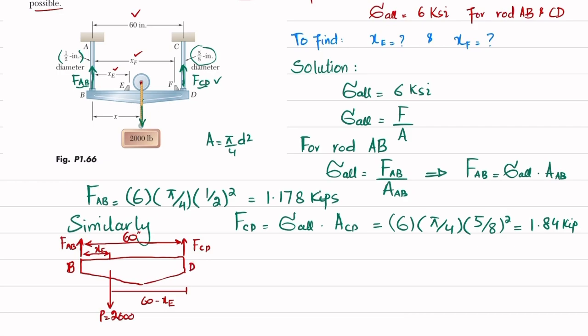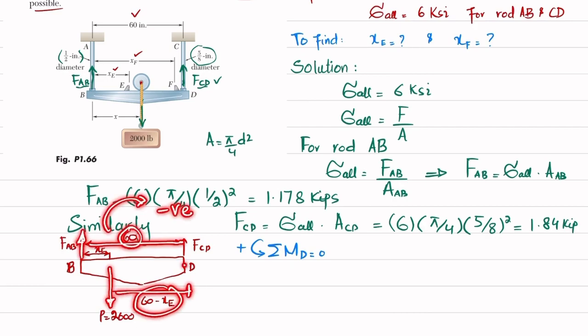By applying the equilibrium condition, the sum of all moments about point D is equal to 0, taking the counterclockwise moment as positive. About point D, one moment is due to FAB with perpendicular distance 60, and it is producing clockwise, so it will be negative. The second moment is due to this 2000 with perpendicular distance 60 minus XE, producing counterclockwise, so it will be positive.